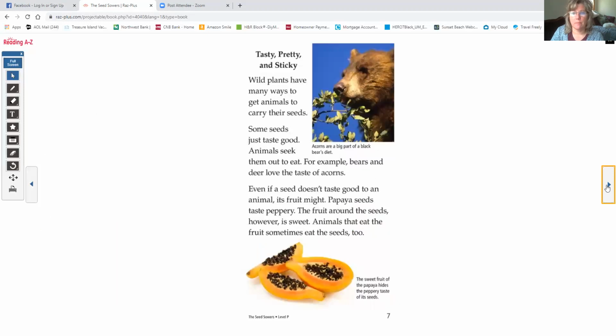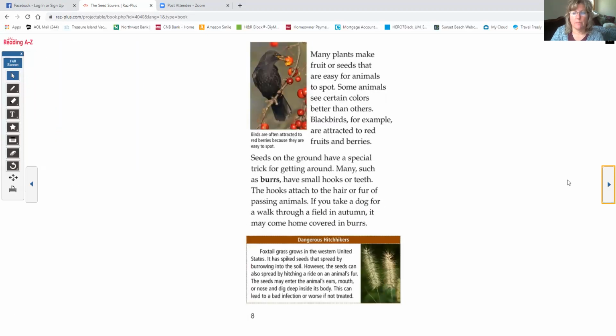And I'm going to skip to page 8. And on page 8, I see a bold face word. We know that's going to be an important word. So I'm going to read the paragraph that has the word in it and see if I can figure out what burrs are. Seeds on the ground have a special trick for getting around. Many, such as burrs, have small hooks or teeth.